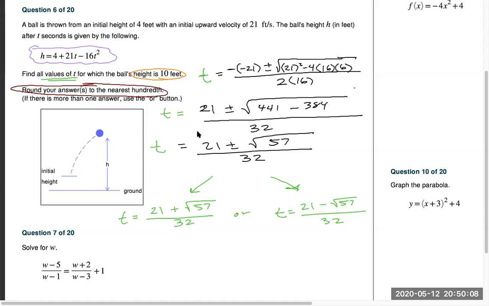Kind of think the reason why this happens for a quadratic, if you were to throw a ball up in the air, right? So you have this trajectory. So say we're looking for a certain height, in this case it's 10 feet we want. Let me keep it color coded.